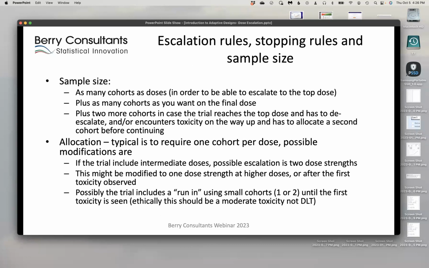Another possibility is to include a run-in using smaller cohorts of just 1 or 2 subjects, where you start at the lowest dose and you go up until you see the first toxicity, and that should be a moderate toxicity, not a full DLT.